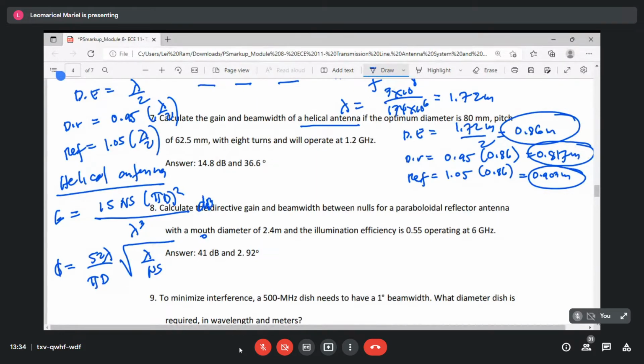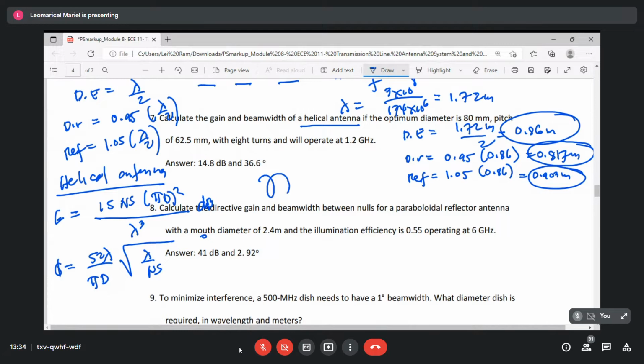Okay, now, ano yung N, ano yung S, ano yung D, at saka lambda. Halimbawa, meron tayong helical antenna, ganyan. Sinabi dito that the helical antenna diameter, binigay yung diameter. Ang diameter niya ay 80 millimeter.